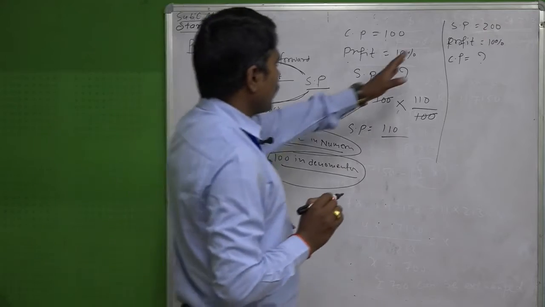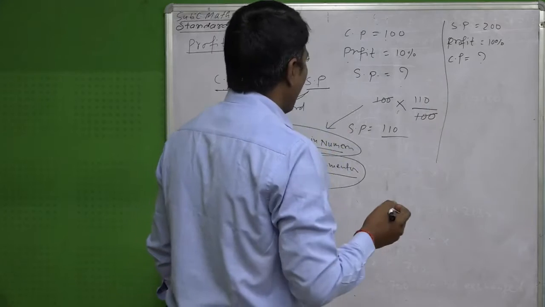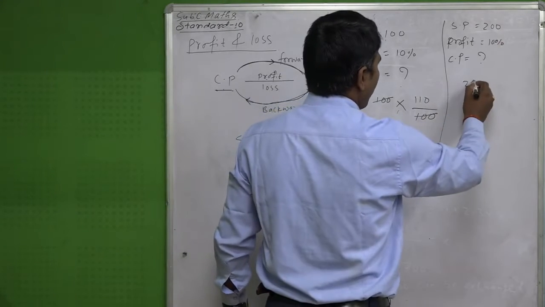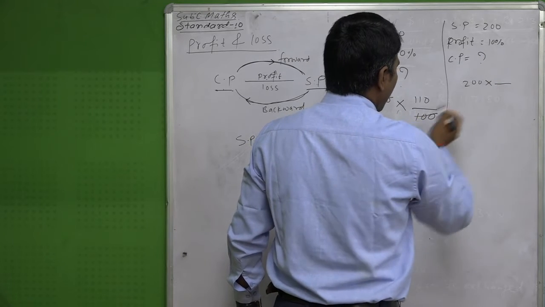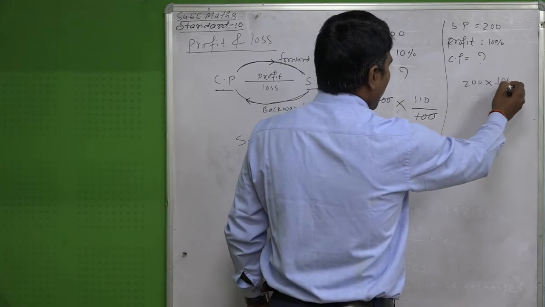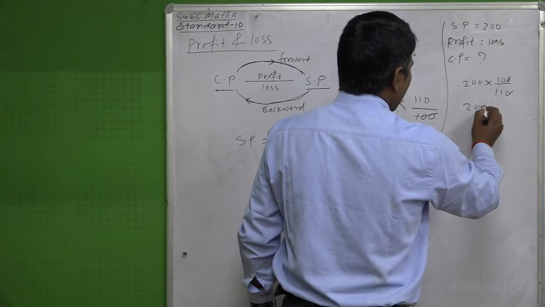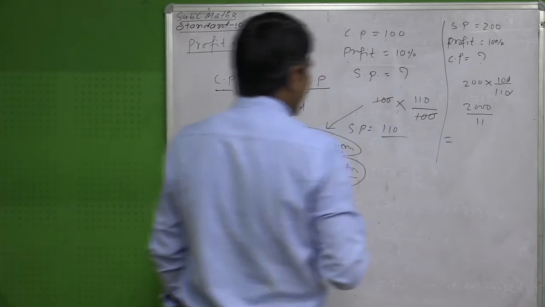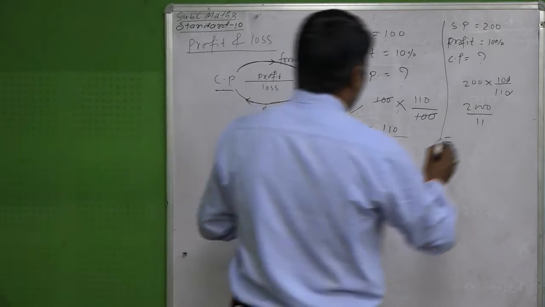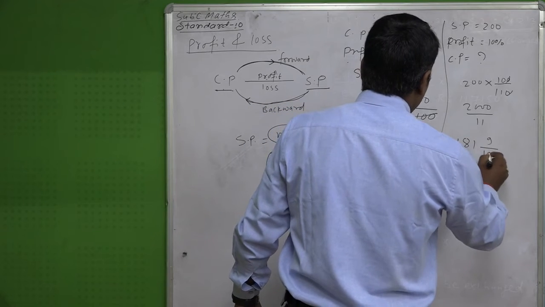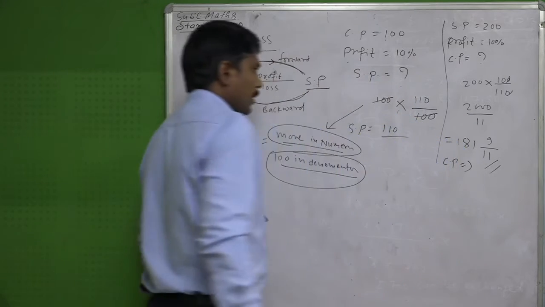Now here, SP is 200, profit percent 10%, and you have to find the CP. In 100 if you add 10, it is 110, then converse: just 100 upside and 110 down. This will be cancelled, 2000 divided by 11. Then how much will you get? 181.81, or 1819 by 11, this is our CP, cost price. Very easily.